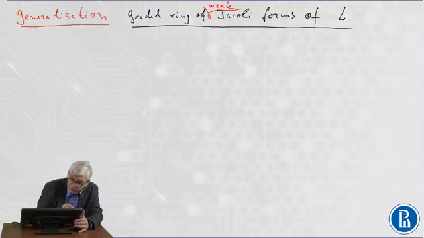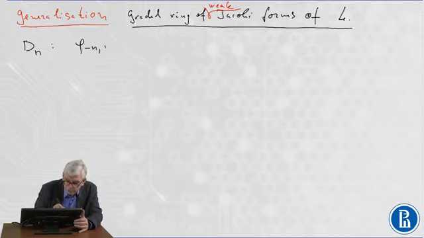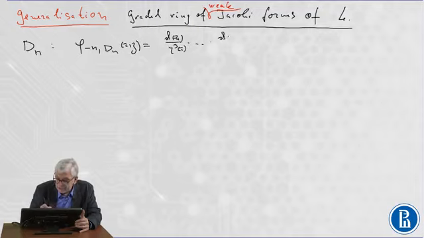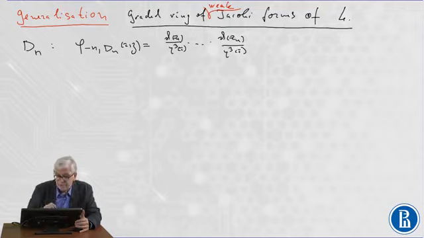let us consider the following Jacobi form for the root system Dn. We can construct a weak Jacobi form of weight minus n for this lattice. By definition, this is the product theta(z1) over eta cubed, up to theta(zn) over eta cubed.